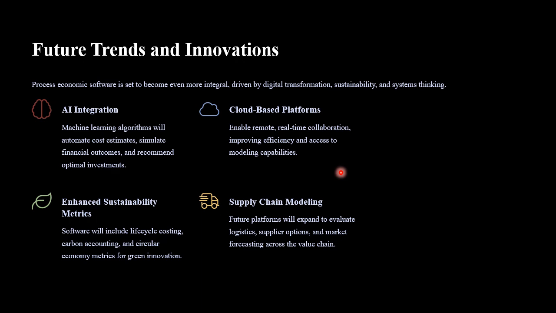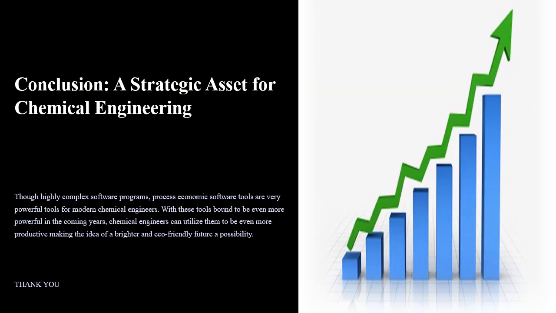That is, future platforms may be able to cover wider parameters of costs along the supply chain line, and then finally enhance sustainability metrics. Though they are highly complex software programs, process economic software tools are very powerful tools for modern chemical engineers. With these tools bound to be even more powerful in the coming years, chemical engineers can utilize them to be even more productive, making the idea of a brighter and eco-friendly future a possibility.